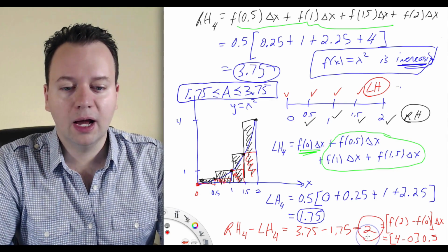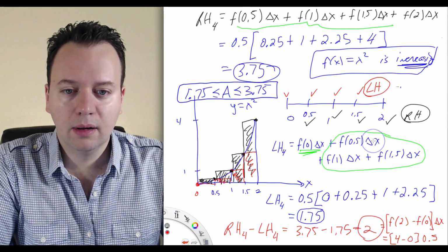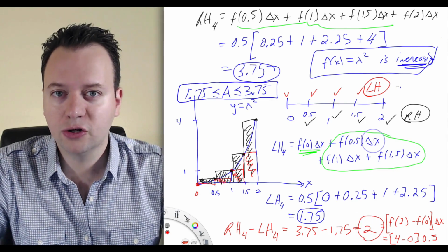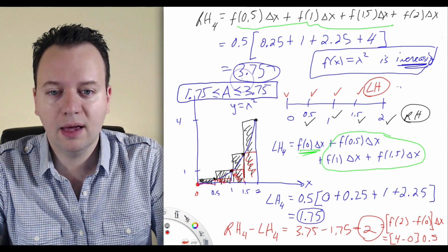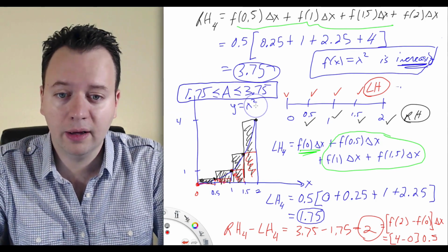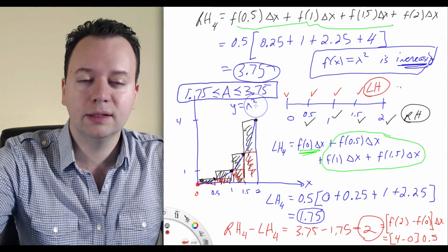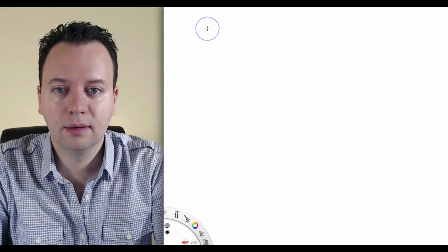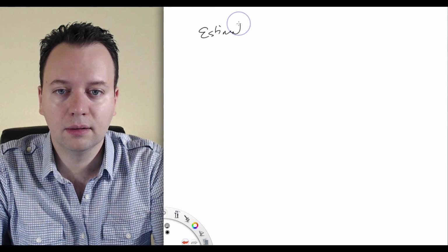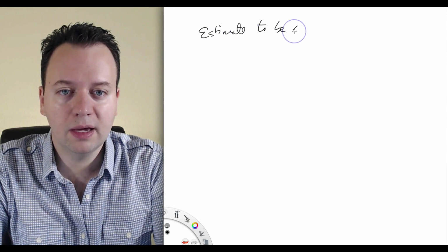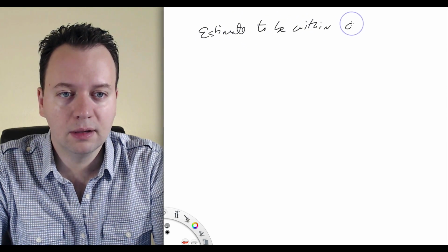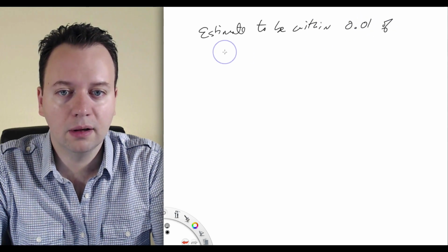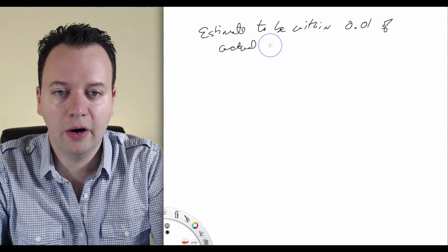Now suppose I want to know how many intervals I should use in order to get a certain accuracy for the area. So suppose I want the estimate to be within 0.01 of the actual area.